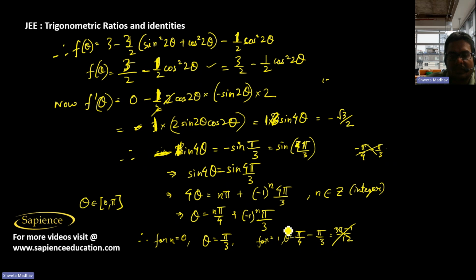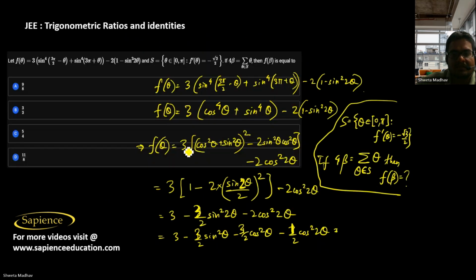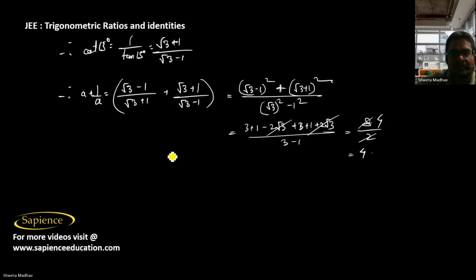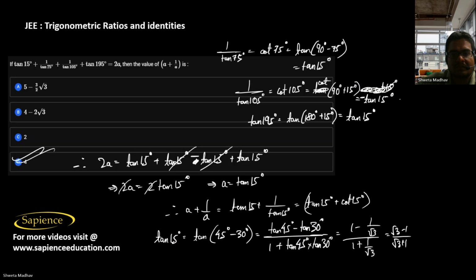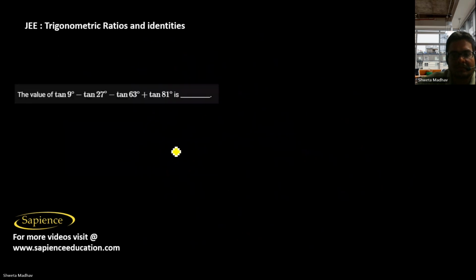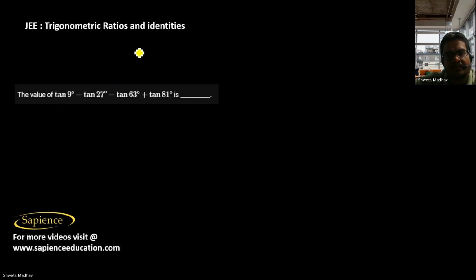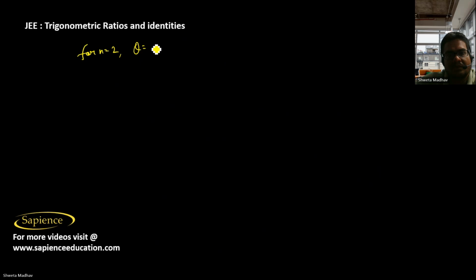So n equal to 2, let us try. For n equal to 2, we can say that theta will be equal to n pi by 4 plus minus 1 whole power n into pi by 3.